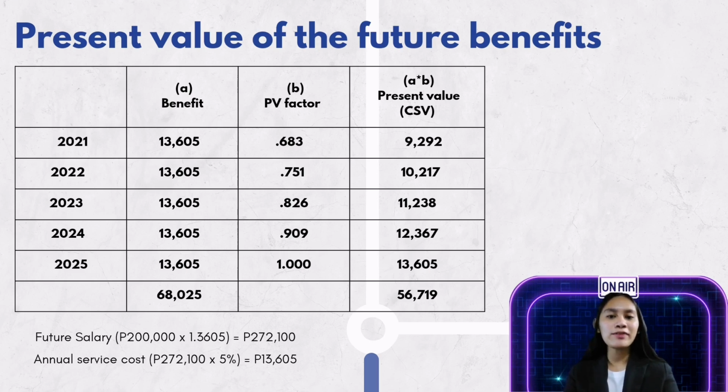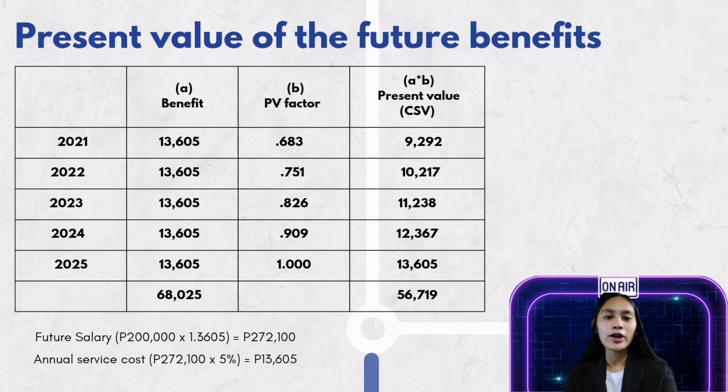To get the present value factor for 2021, we will use a formula, which is 1 over I to the nth power. I is the discount rate, which is 1.10 na given, and N kung ilang years. So, to get the present value factor of 2021, 1 over 1.10 to the 4th power equals 0.683.